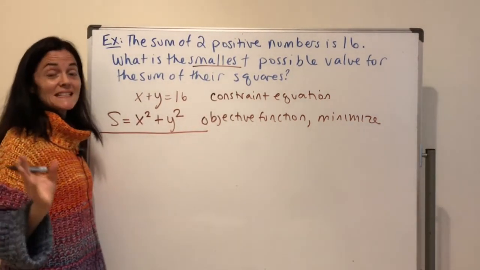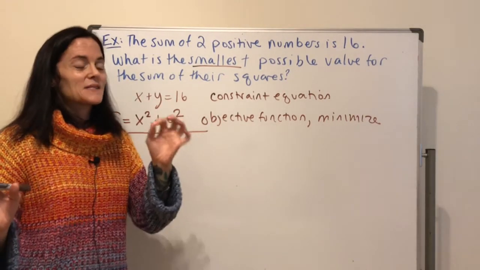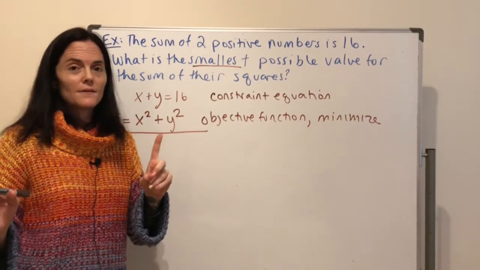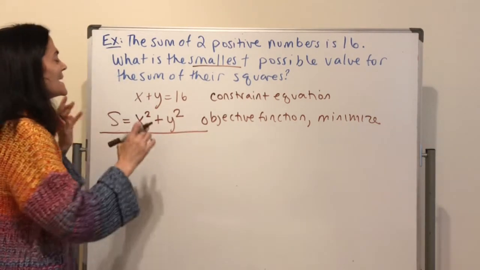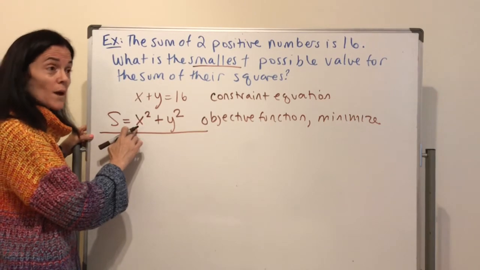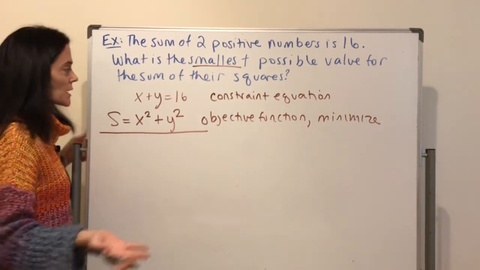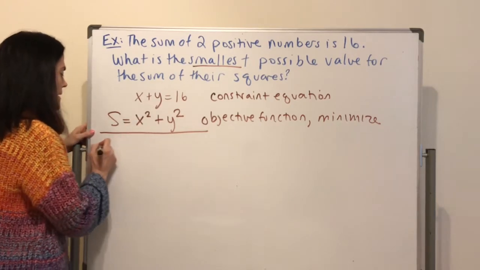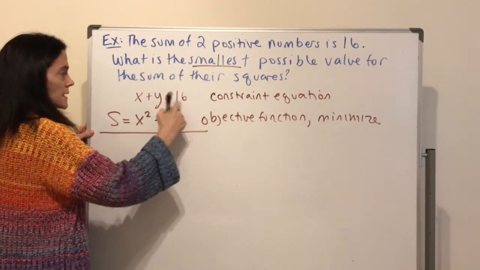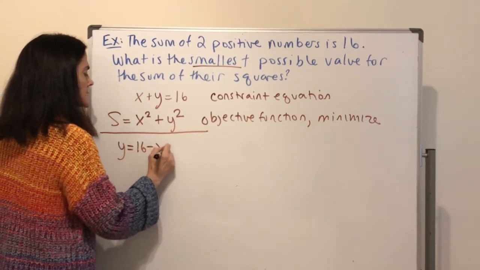Well, what we need to do, because we know how to maximize or minimize a function of one variable, okay, well, we just talked about that some. So we need to write this objective function as a function of just one variable. This is where the constraint comes into the picture, because I can use the constraint here and solve. I get y is 16 minus x.